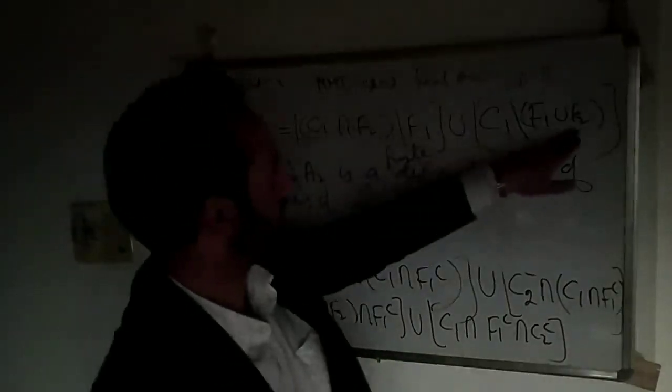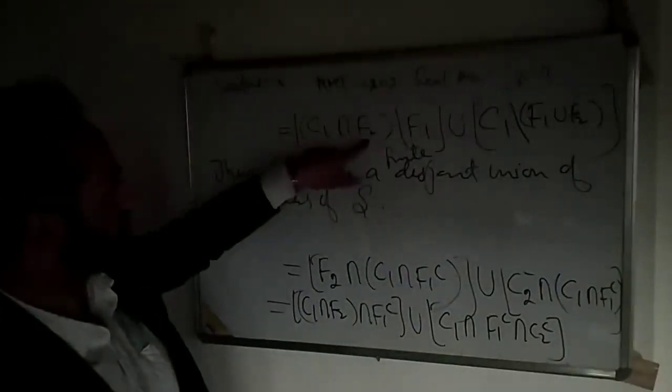Because here we have C1 minus F2, but here we have members of F2 in this set. So they are disjoint. It's a finite disjoint union of members of S. Thus S is a semi-ring.